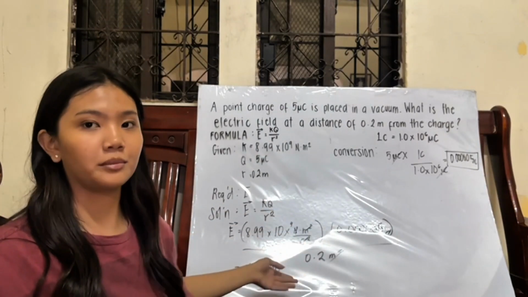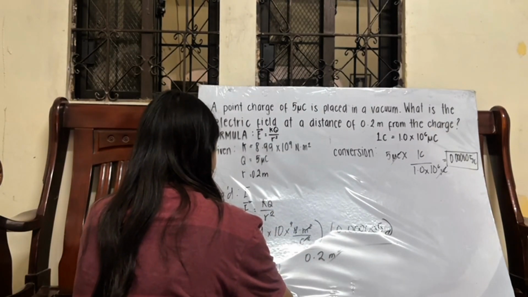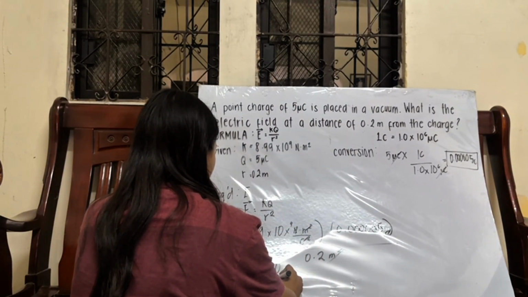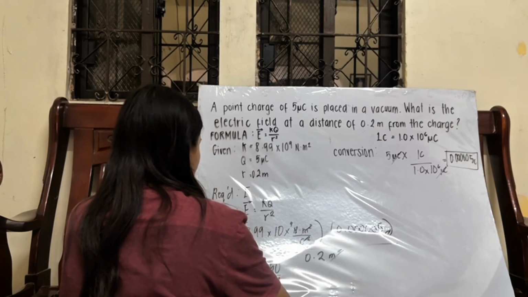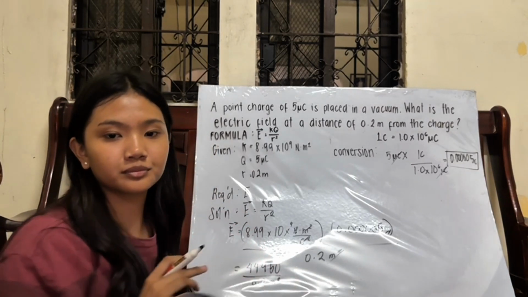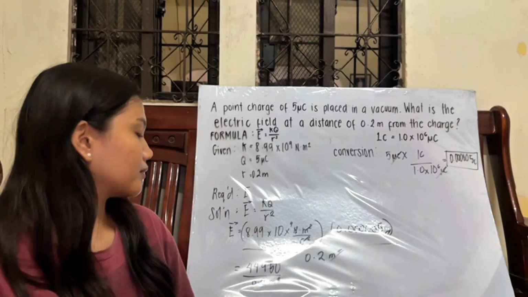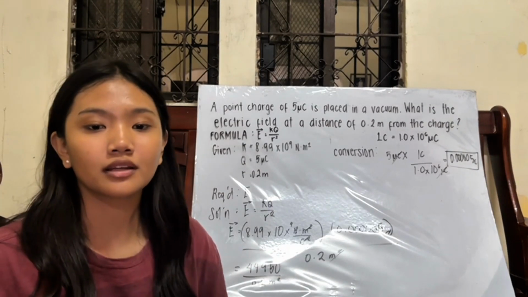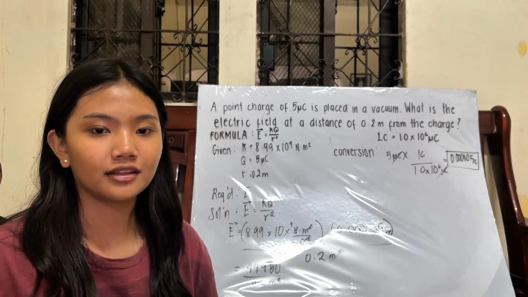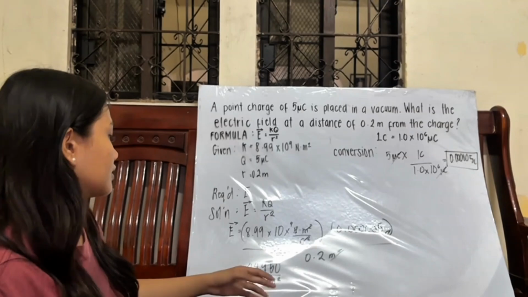Let's bring down the denominator: 0.2 squared. We get 44950. Then, after that, we divide it by the distance squared, 0.2 squared.